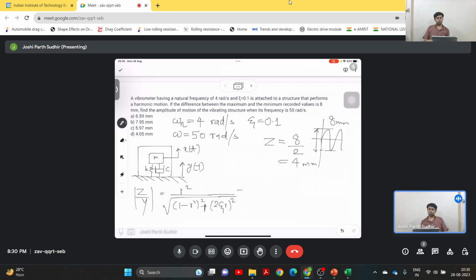Here r is equal to omega by omega n, which is 50 by 4, that is 25 by 2, which is 12.5. So not radians per second, just 12.5.